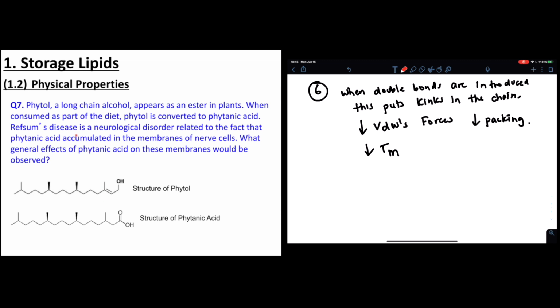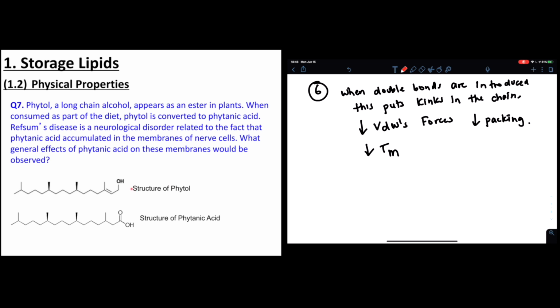Okay, so let's do a practice question over here. This is question 7. So phytol. This is the structure of phytol. It's a long chain alcohol that you can find in plants. And when you eat plant material, like let's say that you eat a lot of vegetables, you can get a lot of phytol in your digestive tract.